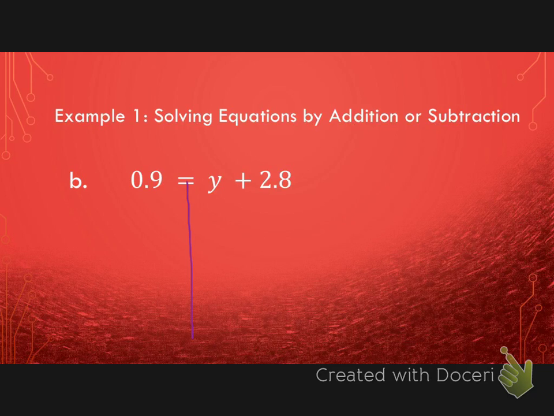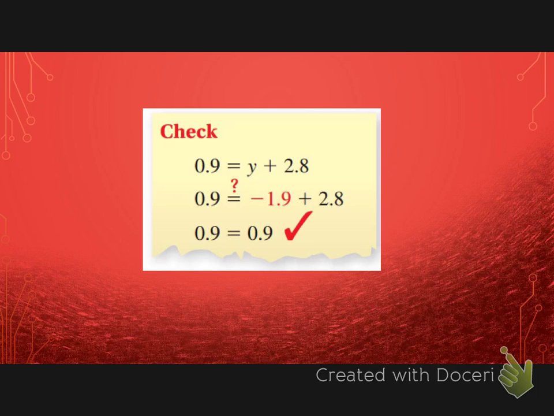So what we need to do here, according to the subtraction property, is subtract 2.8 from both sides, and it's going to be the same equation, but that gets our variable isolated, because those will cancel out, and we're left with a y over here, equal to 0.9 minus 2.8, which is negative 1.9. And again, you're going to want to check this. So you put in negative 1.9. Well, negative 1.9 plus 2.8 equals 0.9, so check. That one's correct.